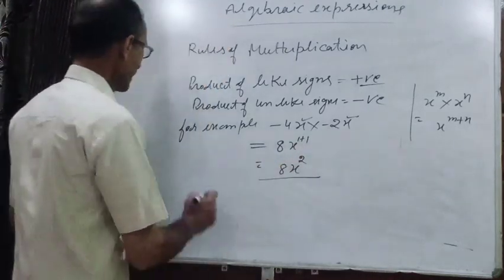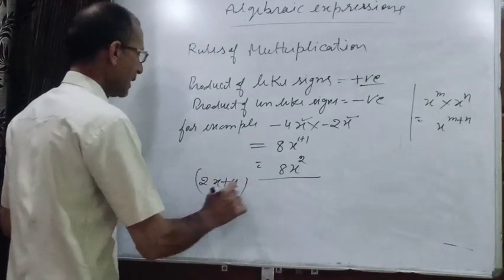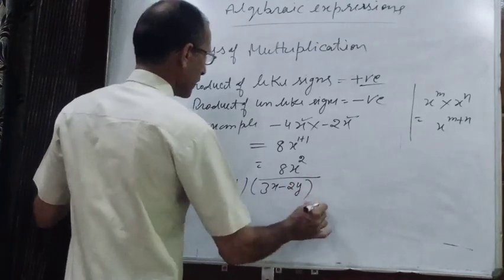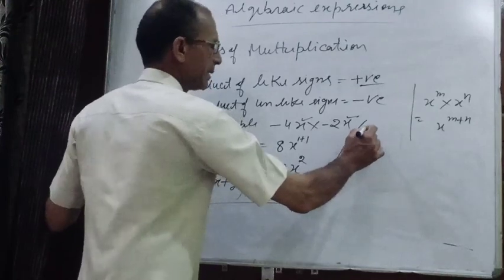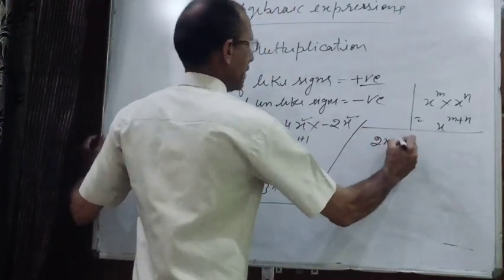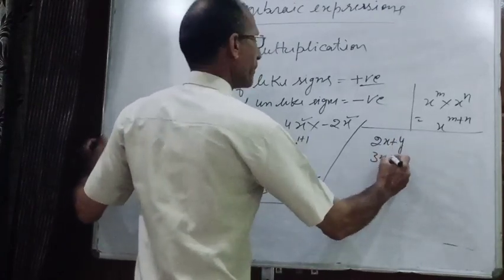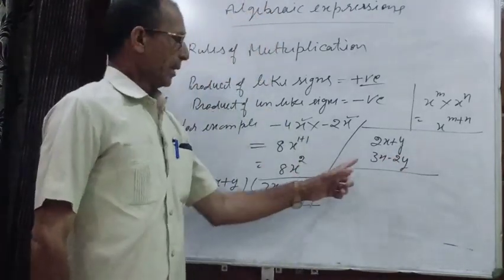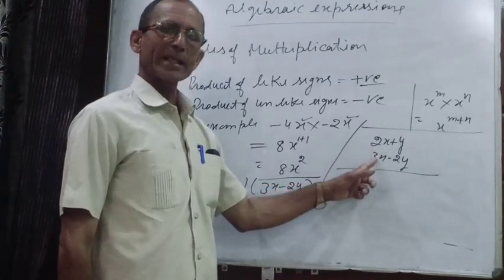Now next, 2x plus y multiplied by 3x minus 2y. So we have to multiply. See, 2x plus y, 3x multiplied by minus 2y. Now the coefficient of x is 2, here the coefficient of x is 3.